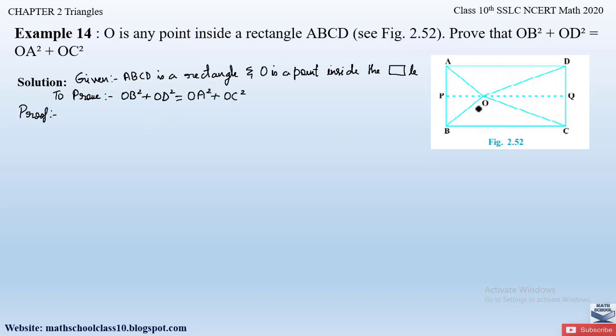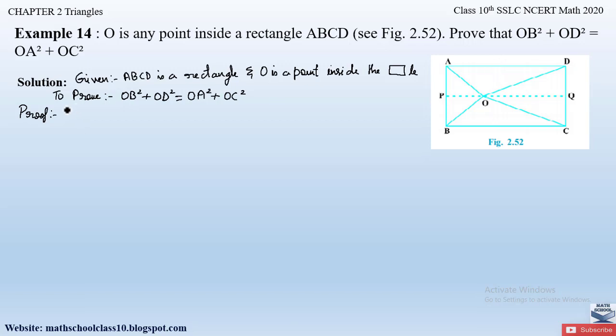To prove this question, we will draw a line PQ parallel to BC. Now since PQ is parallel to BC, PQ will also be parallel to AD since opposite sides of a rectangle are parallel, right?